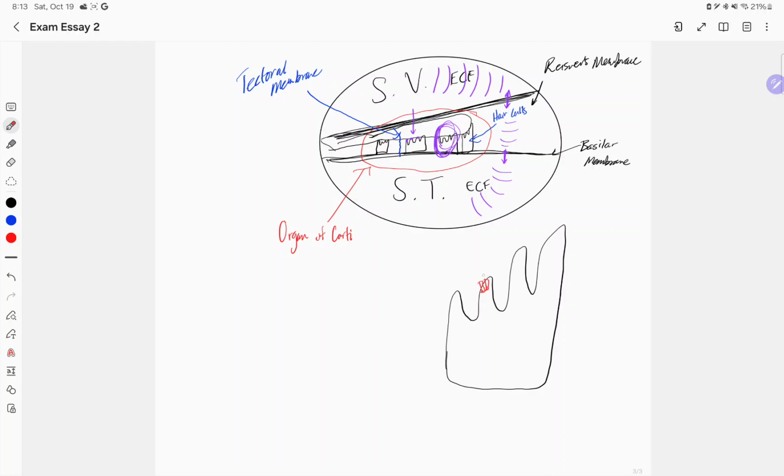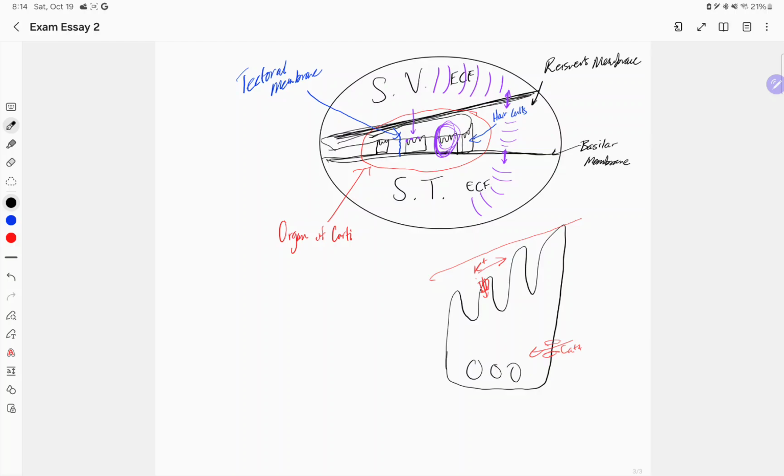And as these push up against the tectoral membrane and stretch, it flexes them, and potassium is going to actually come into the cell, and that will cause the cell to depolarize, and it's going to open calcium channels. And we know what happens when we get lots of calcium in the cell.